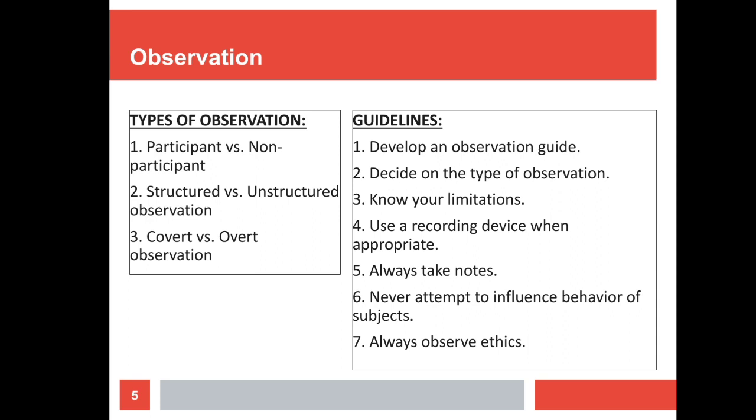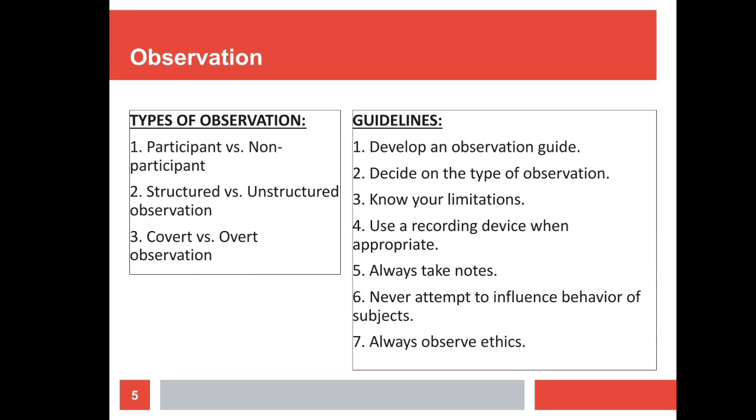This is also a non-participant kind of observation, sort of, but there is a list, or what we call a checklist of behaviors that the researcher needs to observe or needs to get from the subjects.